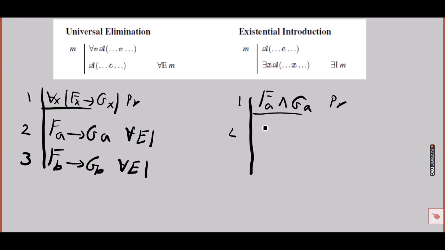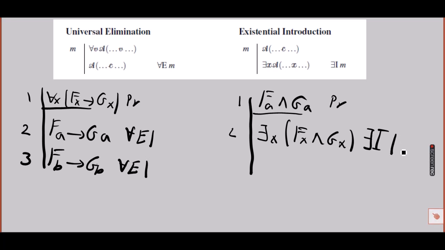From this, you can get there is some x, Fx and Gx, because line 1 is an instance of line 2. If you eliminate the existential quantifier on line 2 and replace x with a, you get Fa and Ga. So from line 1, you can get line 2 using existential introduction on line 1.